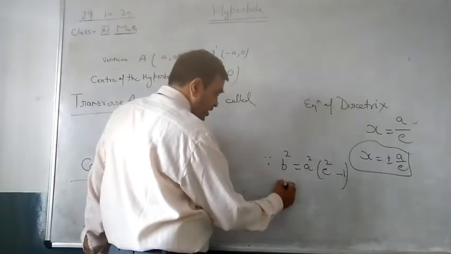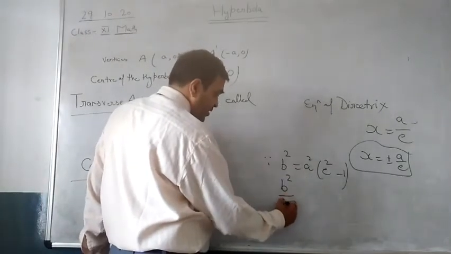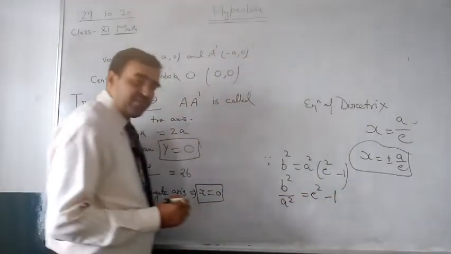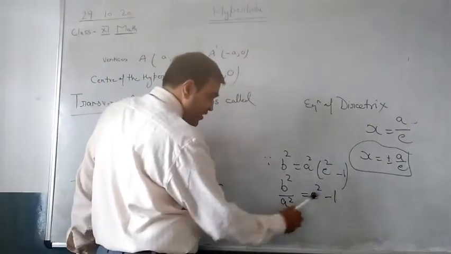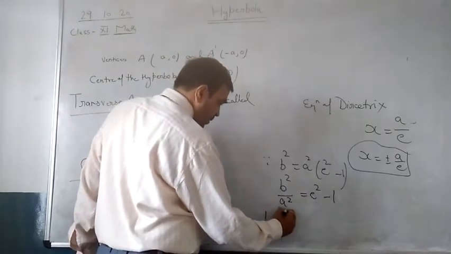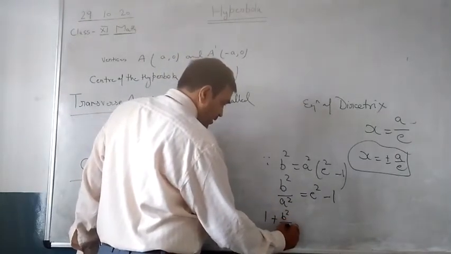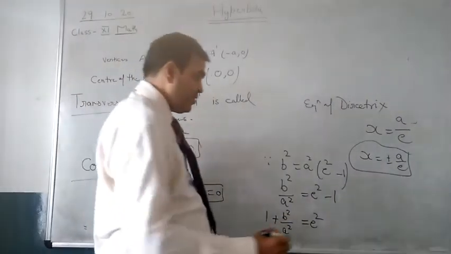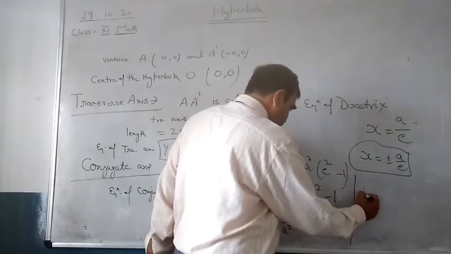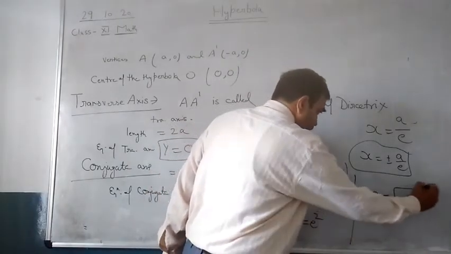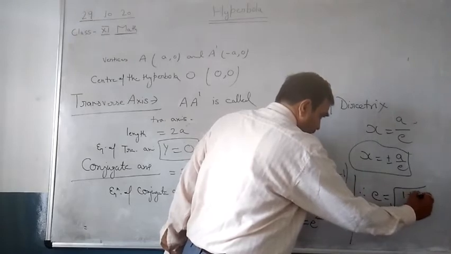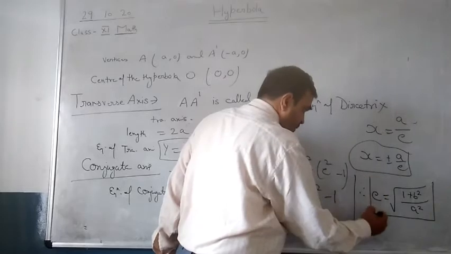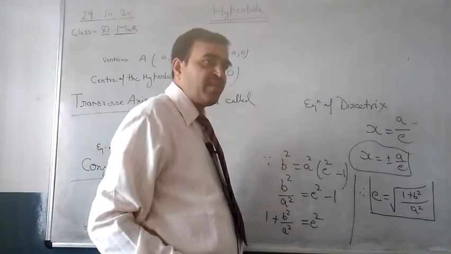This can be written as b square divided by a square is equal to e square minus 1, and this can be written as 1 plus b square upon a square is equal to e square. Therefore e is equal to under root 1 plus b square upon a square, that is, under root a square plus b square by a square.